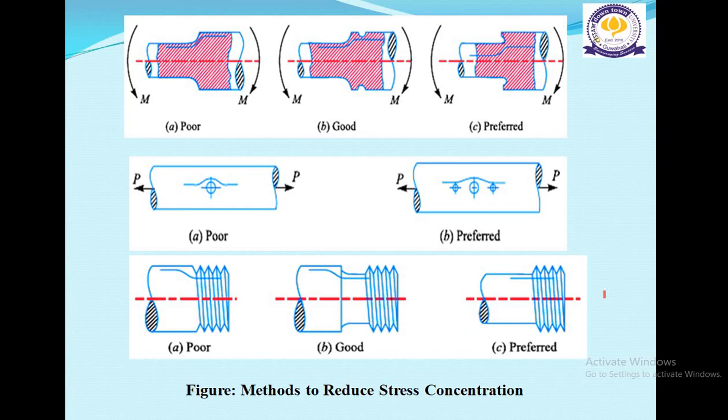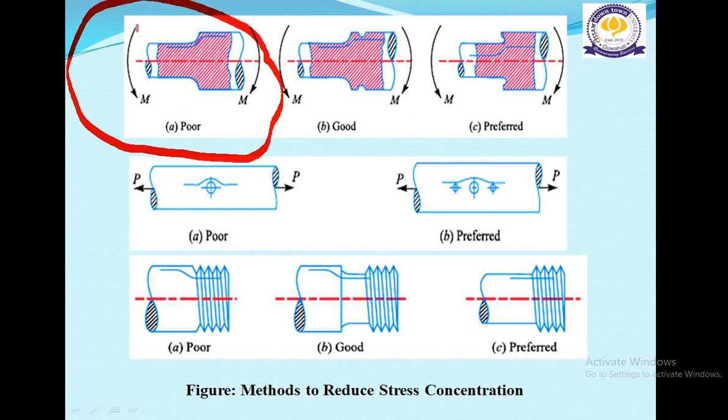Next, in this figure various methods to reduce stress concentration are depicted. In this first figure, the poor form, bending moments are acting, as you can see from the arrow marks.